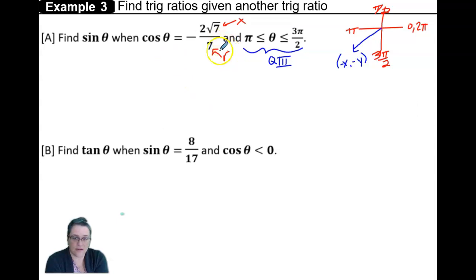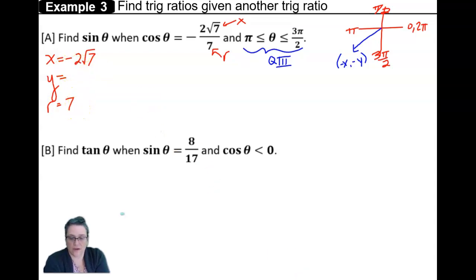And since r is positive, we know x has to be the one that has that negative value. So x is equal to negative 2 square root of 7. And the y we need to find. And we know the r, the radius, is equal to 7.